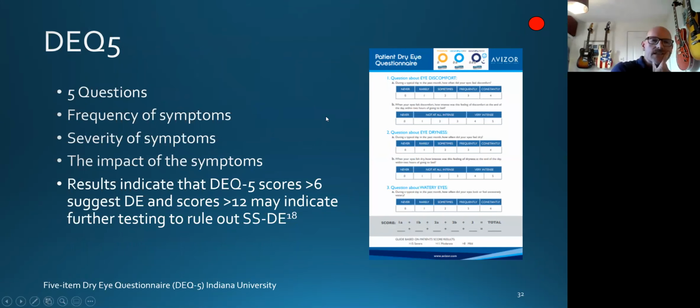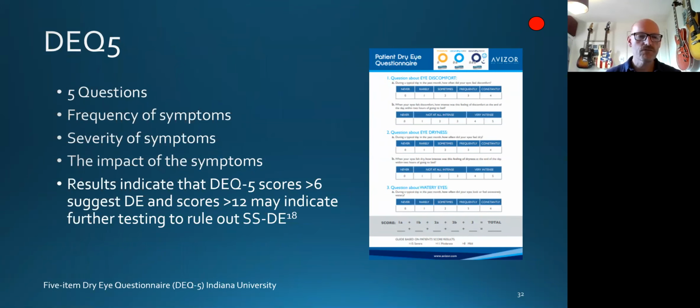That brings us on to this, the Dry Eye Questionnaire 5, the DEQ5. Now, I've put a picture of the Avizor version up here. So I want to make sure I get, because there's different information on this slide here. So, a simple 5-question questionnaire, looking at the frequency of the symptoms, the severity of the symptoms, and what's the impact of the symptoms on the wearer.